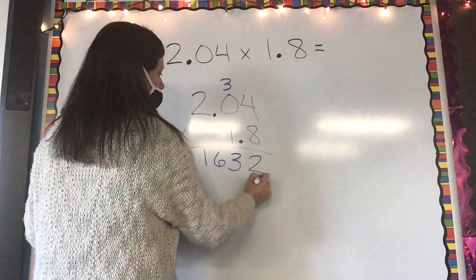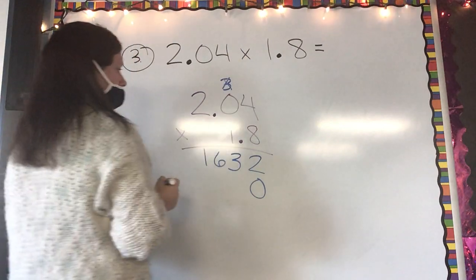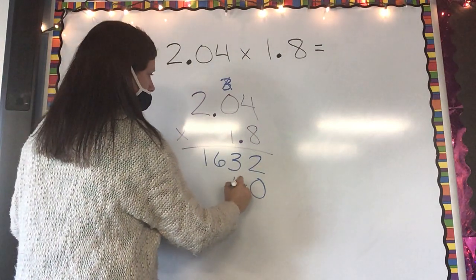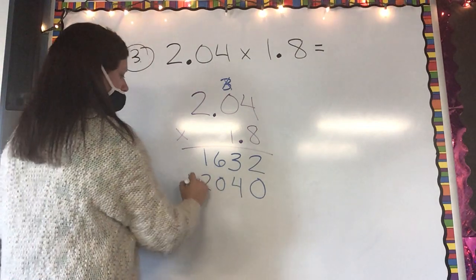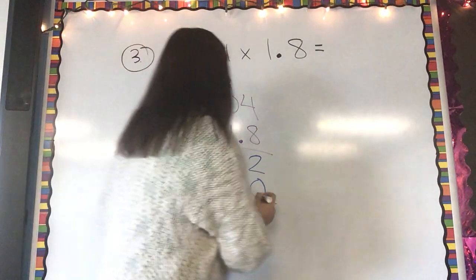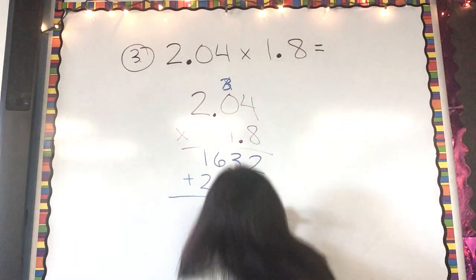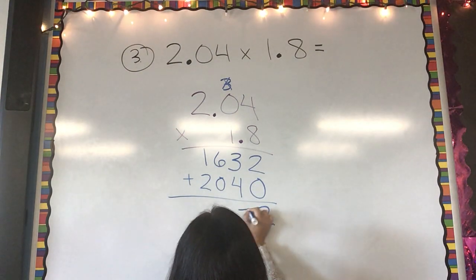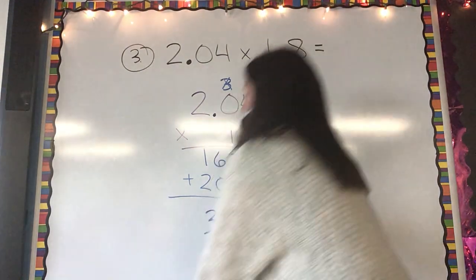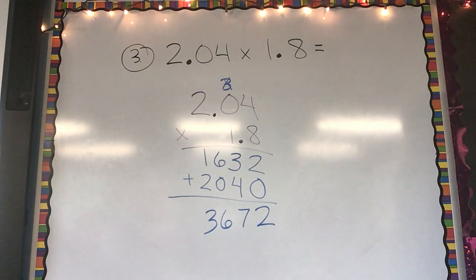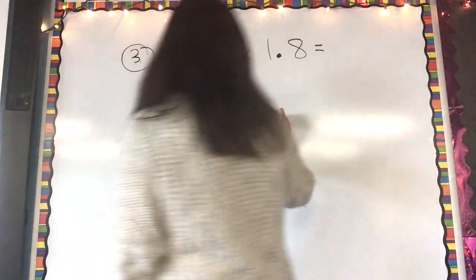I add my magic 0. I add my products. And then I'm going to count my decimals.